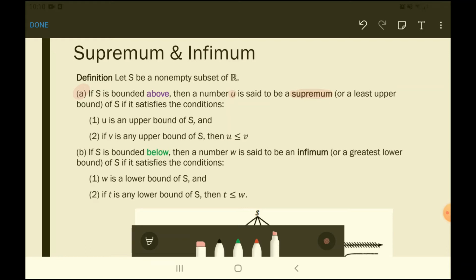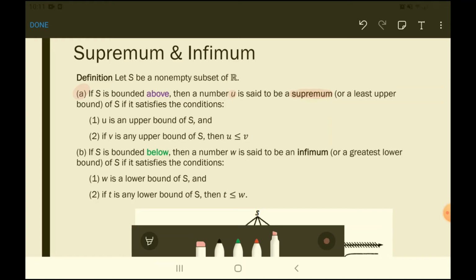It must satisfy two conditions. The first one: u is an upper bound of S. So u should be an upper bound first. Then the second: if v is any upper bound of S, then u is less than or equal to v.